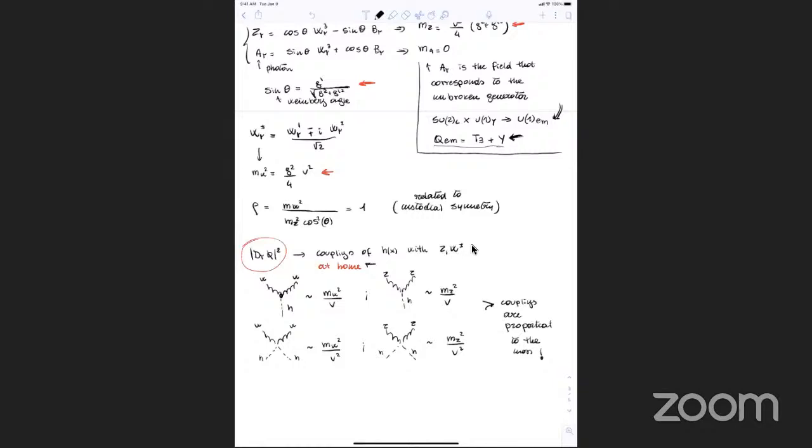I would like to ask about this custodial symmetry. What exactly is this? Oh, yeah, as I was mentioning, I plan to discuss it either at the very end today or at the beginning of tomorrow. Just very briefly, this is an approximate global symmetry of the standard model, and we'll chat more about it.